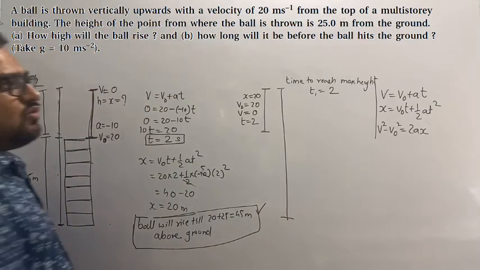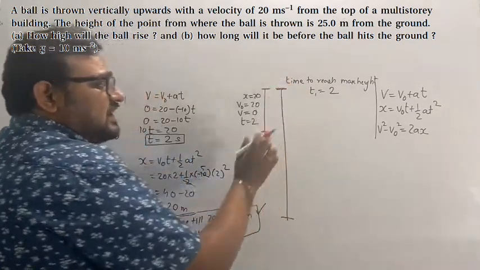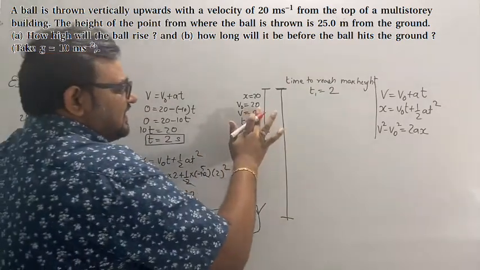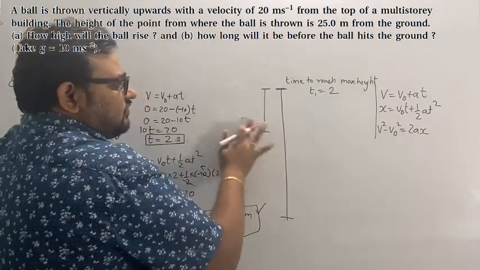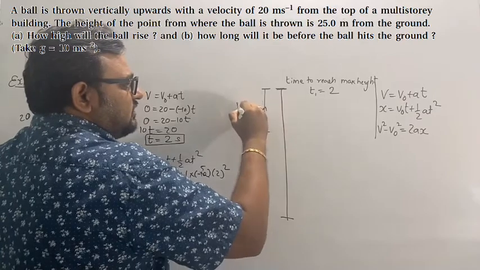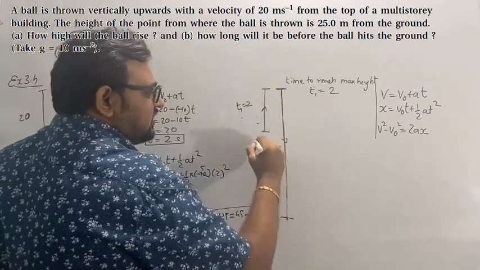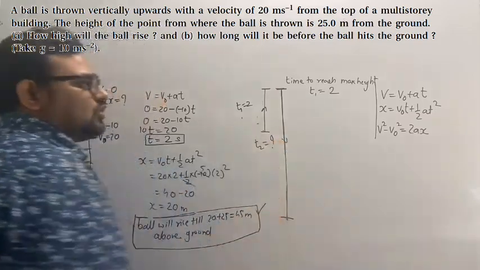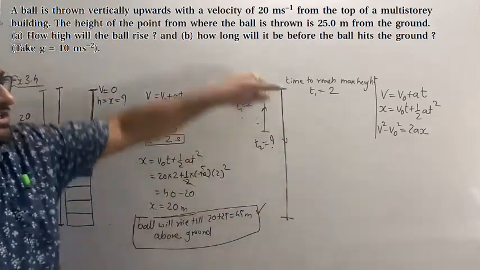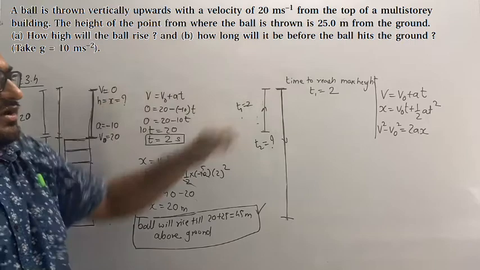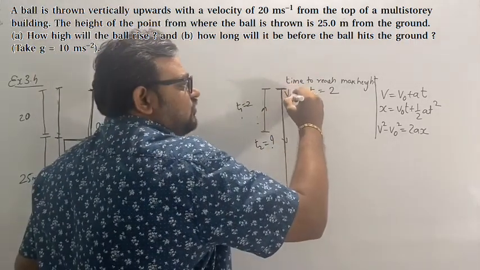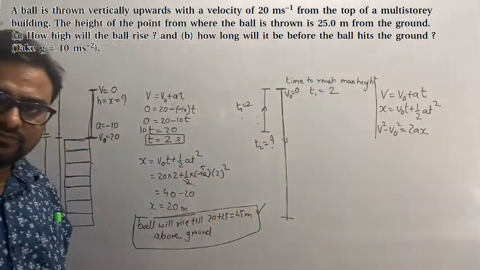Clear? So now, what was the initial velocity here? Now the initial velocity changes. Now let me erase this. From here to here, T1 equal to 2, and from here to here, T2 is equal to question mark. Now what was the initial velocity at the top? Here, the initial velocity V0 was equal to 0, right?